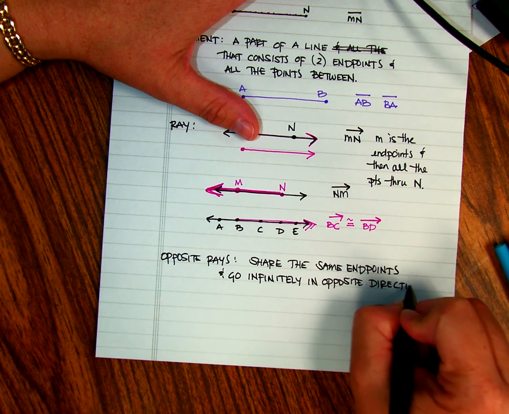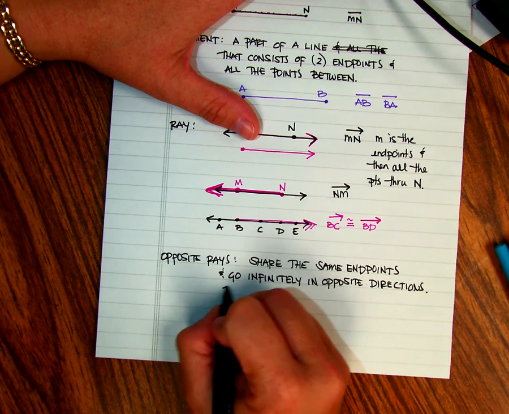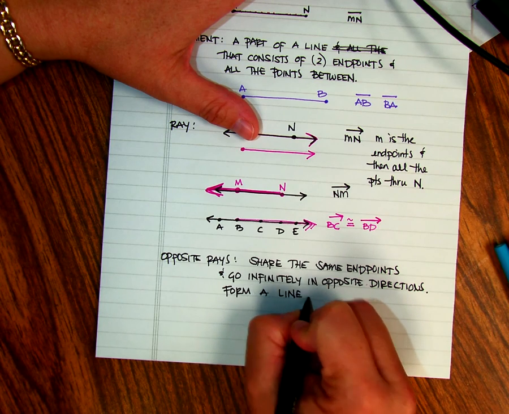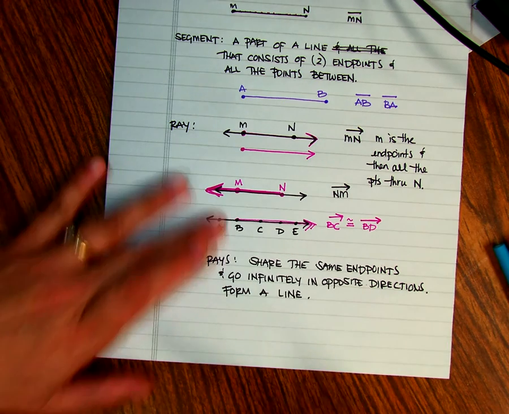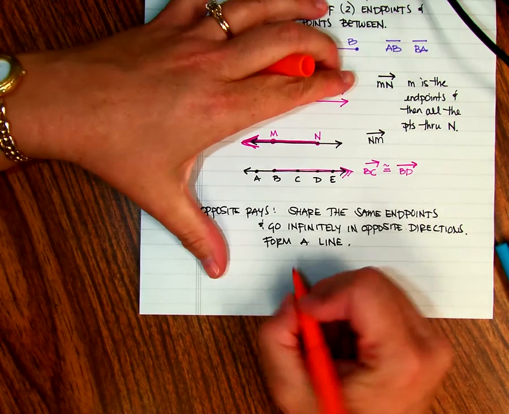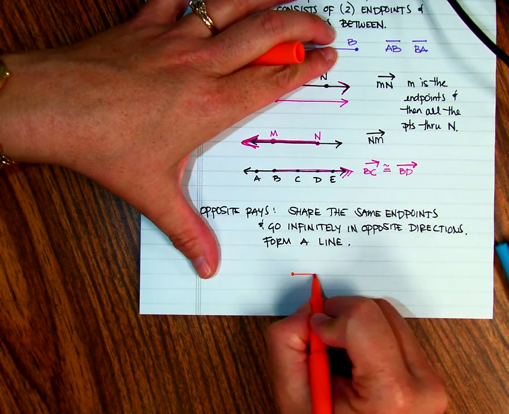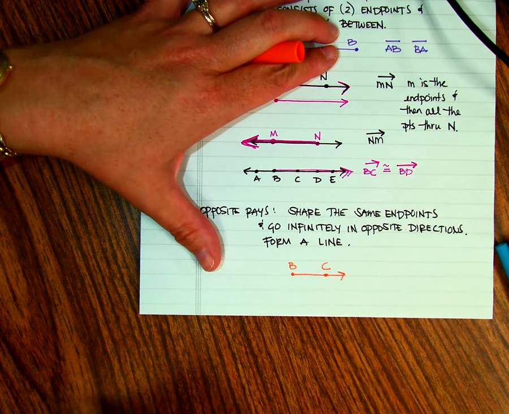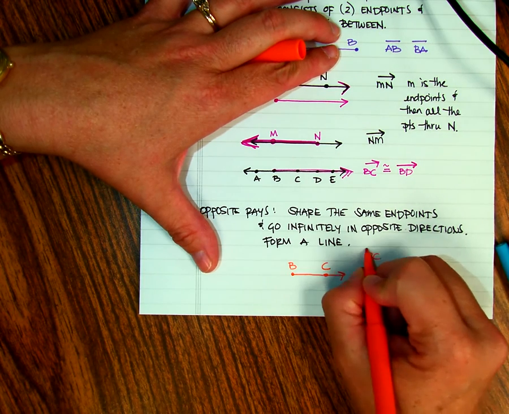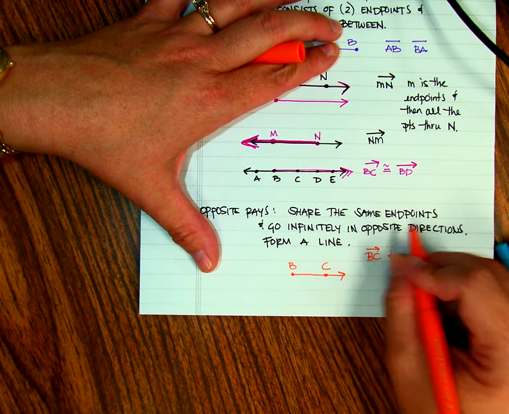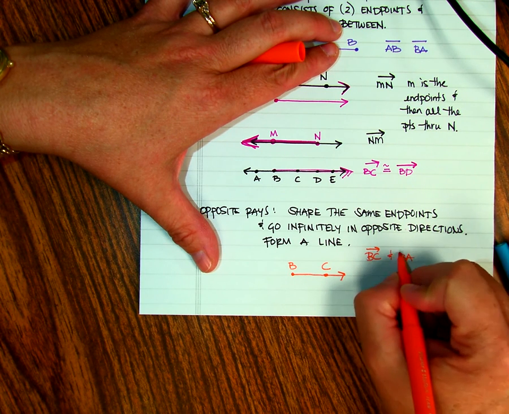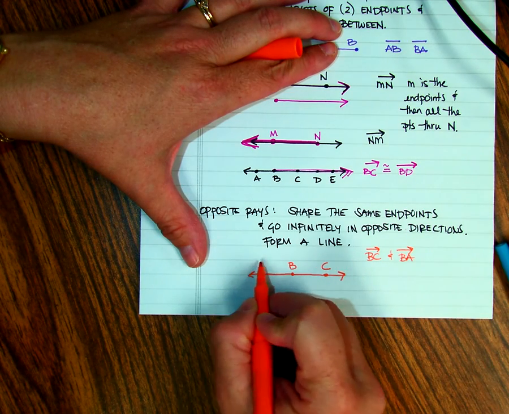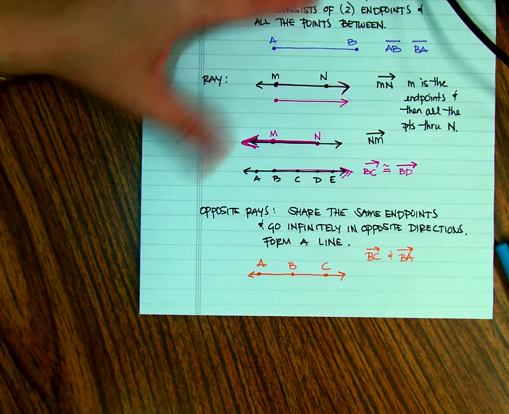And opposite rays form a line. So if I have ray BC and ray BA, they are actually going to form a line.